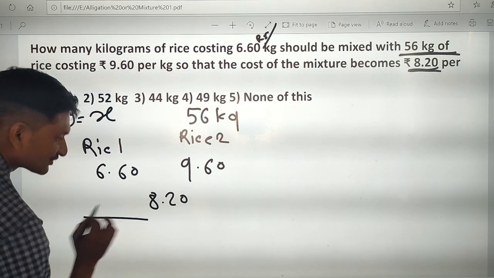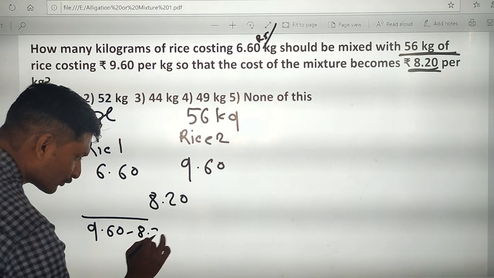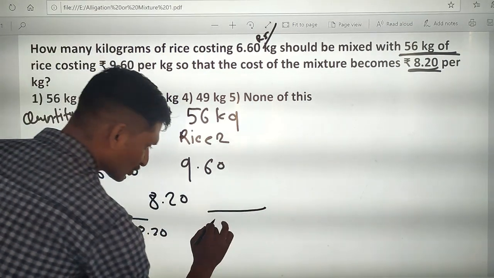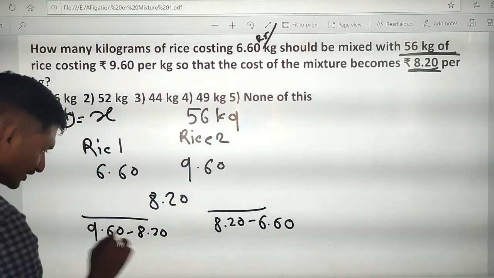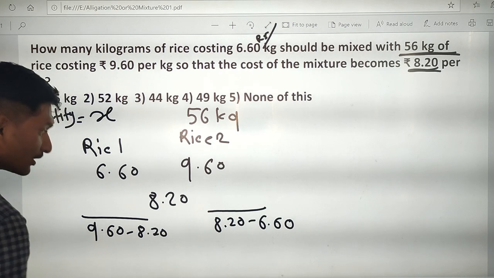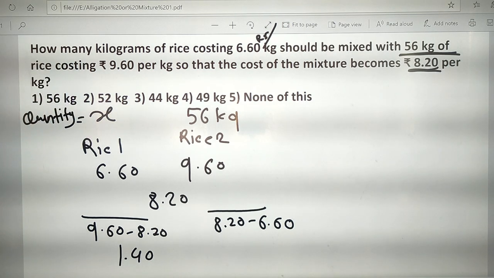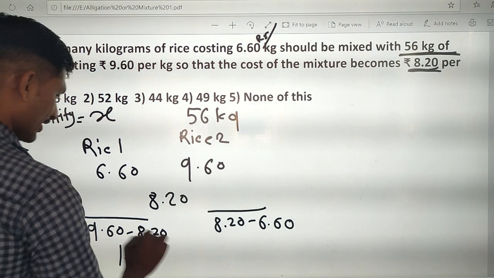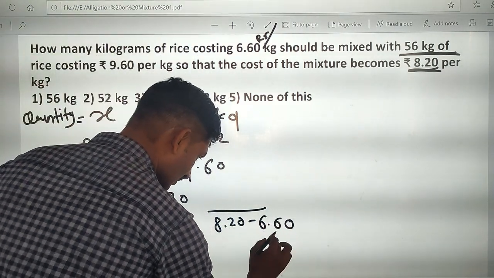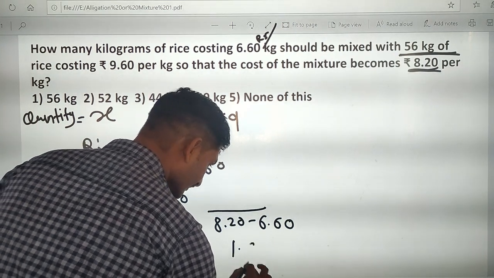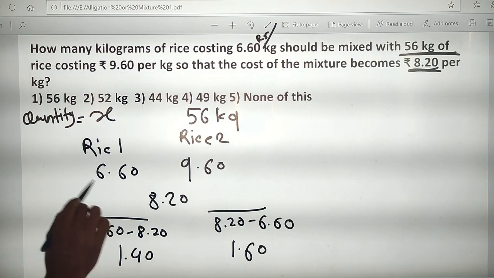Now we write the subtraction of these two: 9.60 minus 8.20, and now the subtraction of these two: 8.20 minus 6.60. Here the subtraction is 1.40 and the subtraction of these two is 1.60.